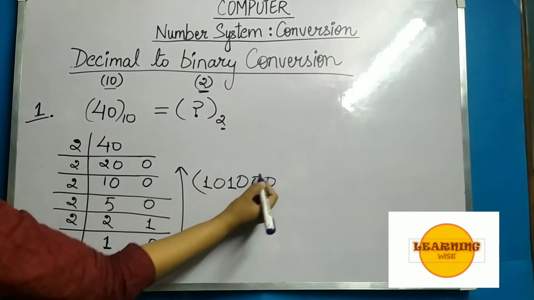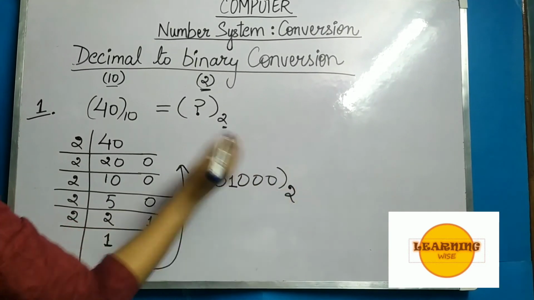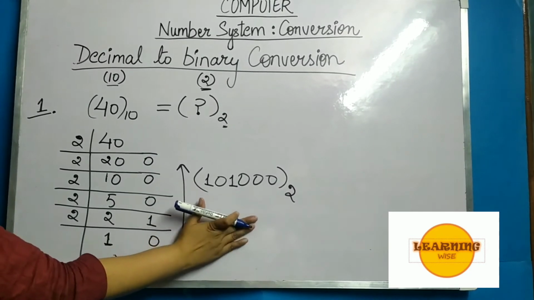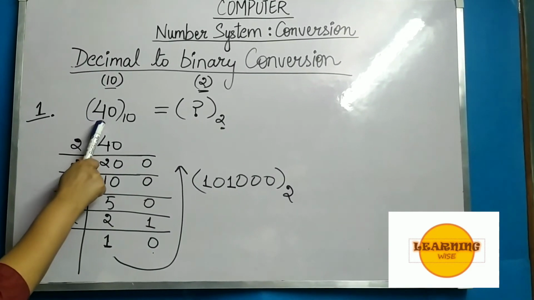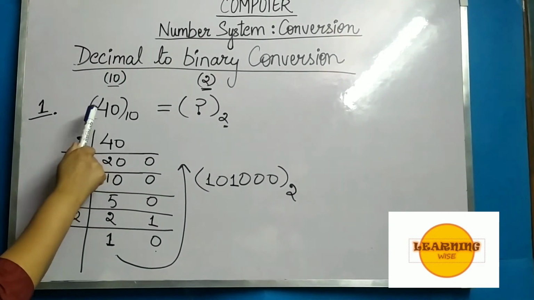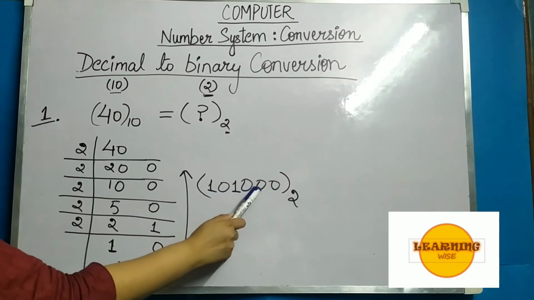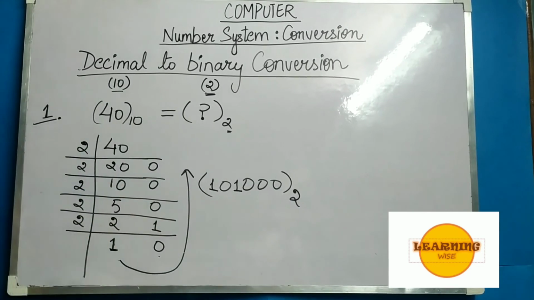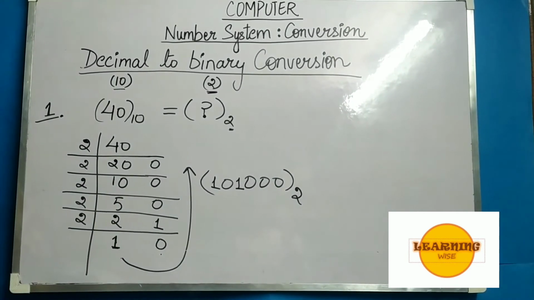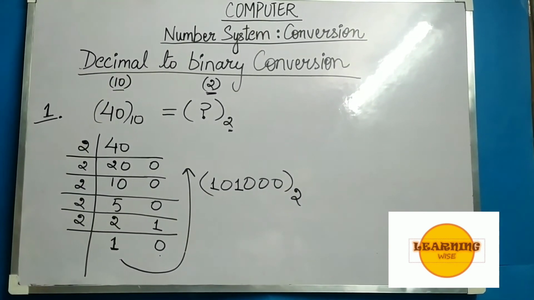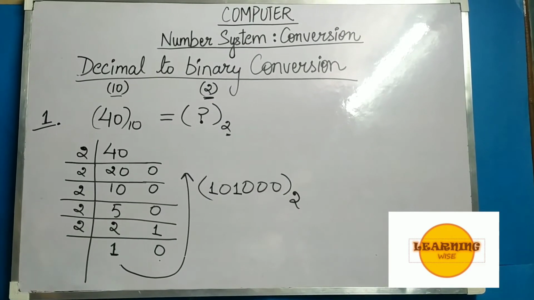Okay, so this is your number in binary. So the decimal 40 is equivalent to 101000 in binary. Alright students, so this is the basic conversion of decimal into binary.